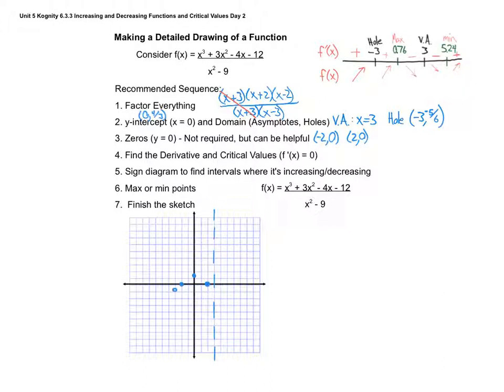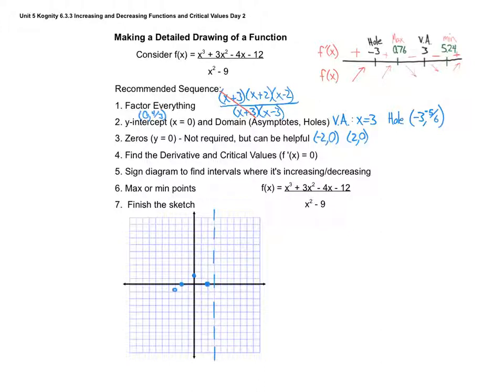We do have vertical, but since the degree on the top is exactly 1 more than the degree on the bottom, bigger on top, there are no horizontal. What's the only kind? Slant.